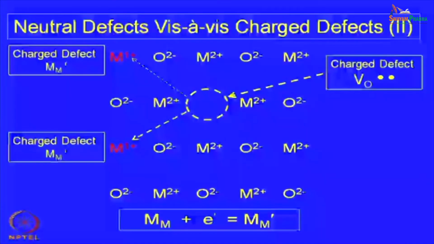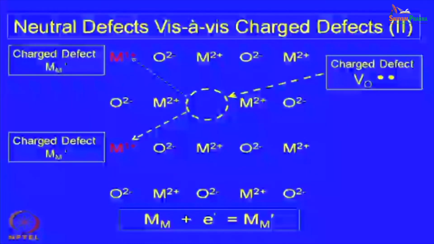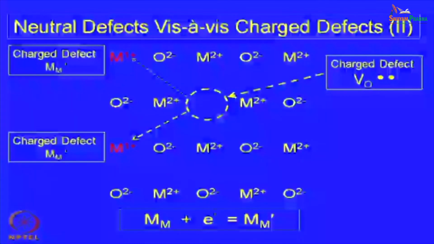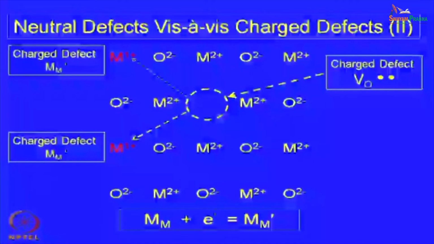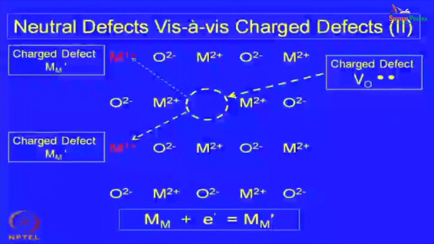So, it has a deficiency of one positive charge. So, effectively it is a negatively charged species now, in respect of the original lattice. So, it has created two different kinds of charge, M at the M site with one negative charge here and another negative charge there.